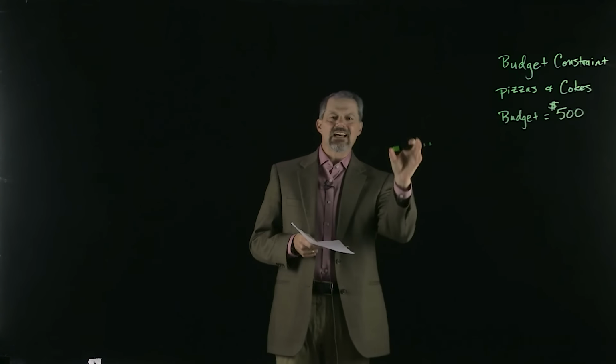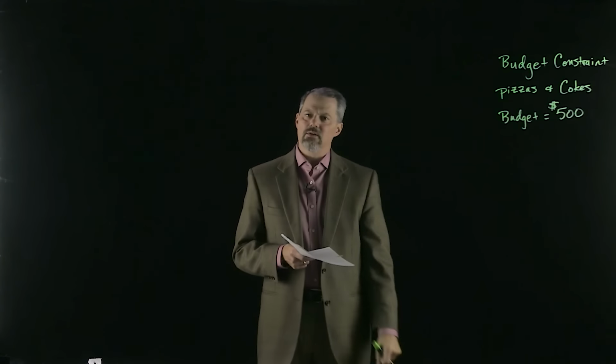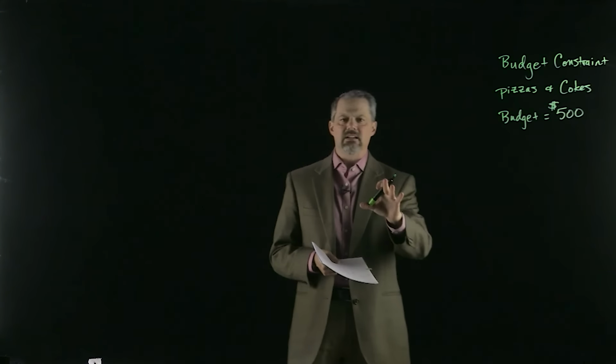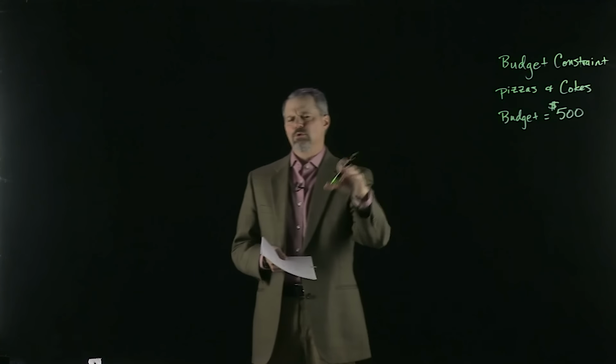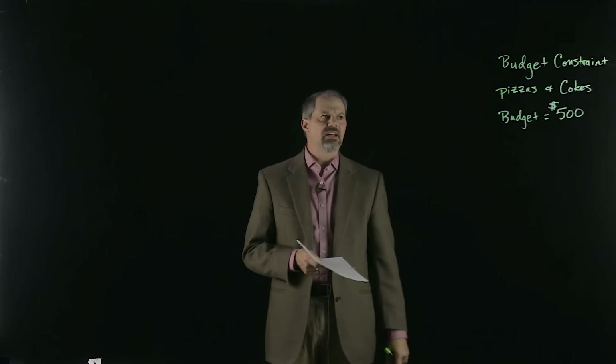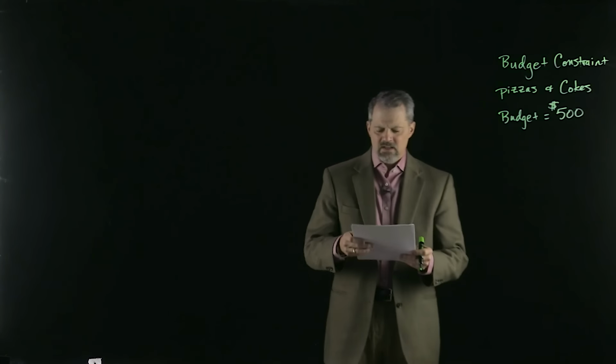And you've got to decide, well, how should I spend that on pizzas and Cokes? Okay, those are the only two goods that there are. Don't worry about anything else, rent or fuel or anything. Your life in this problem consists of deciding how to spend your $500 on pizzas and Cokes.